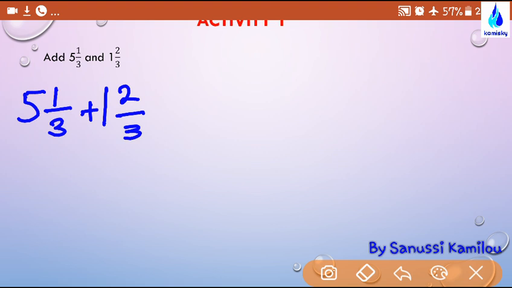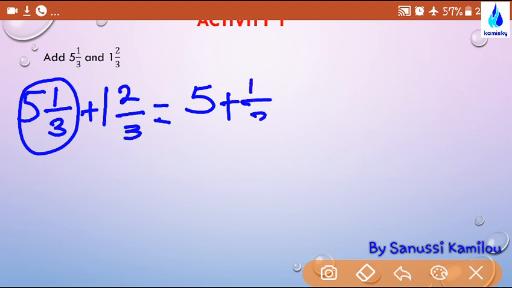So what do we do? The rule is saying that we should add the whole numbers, and then we should add the fractions. At the end of the day, we combine all of them. So let's see how we can put that into practice. This one can be written like this: 5 plus 1 over 3. Let's put it into brackets.